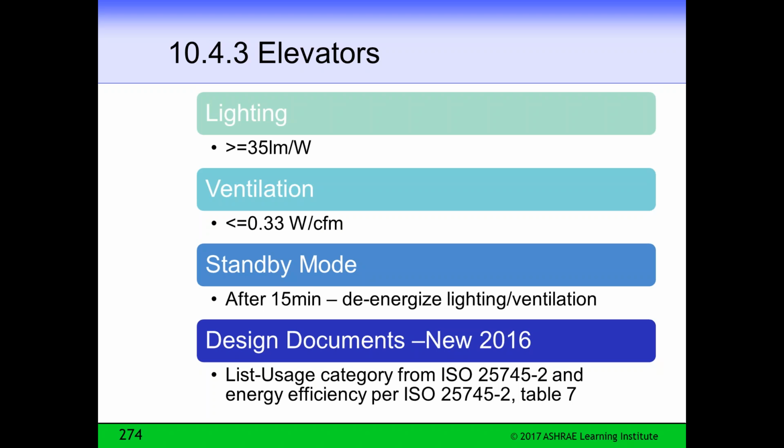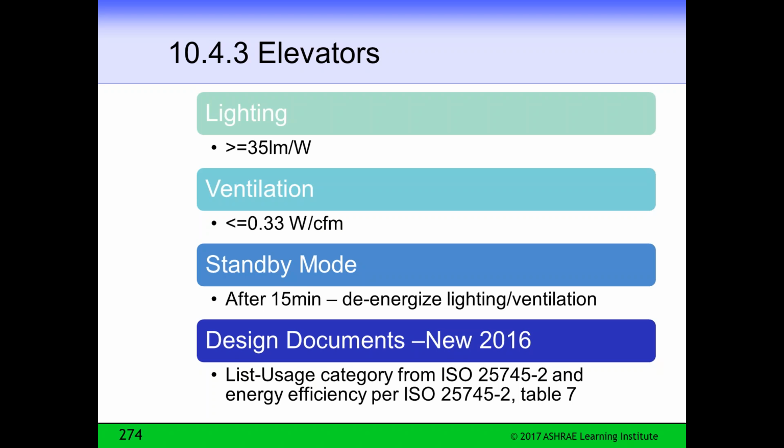So what we're doing is we don't have any requirements for the efficiency of the actual lifting and lowering of people or freight in an elevator yet, but we want the design professionals to be aware of these standards and to learn how to use them.